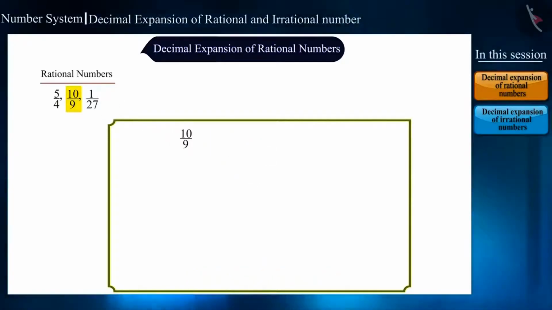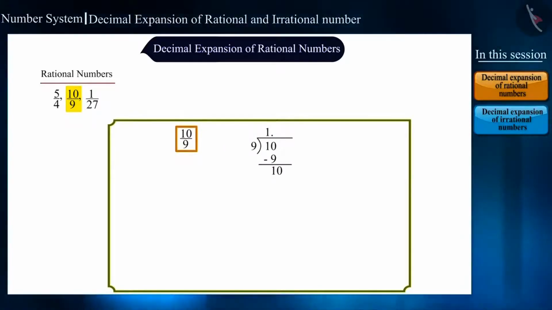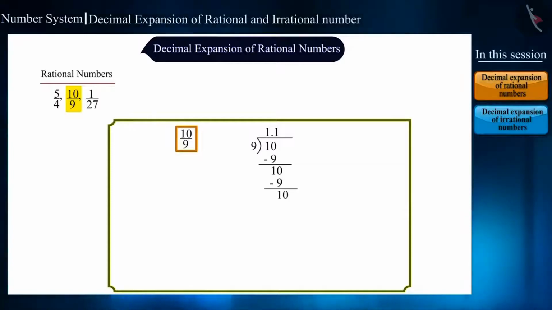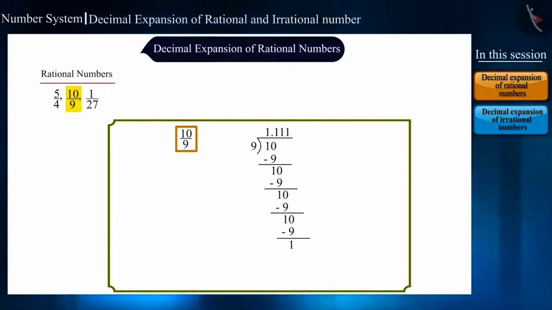Now let's take the next example, 10 by 9. Here, when 10 is divided by 9, the remainder 1 is repeating instead of getting a 0. Similarly, in the quotient also, 1 is repeating and its decimal expansion is continuing in the form of 1.1111.